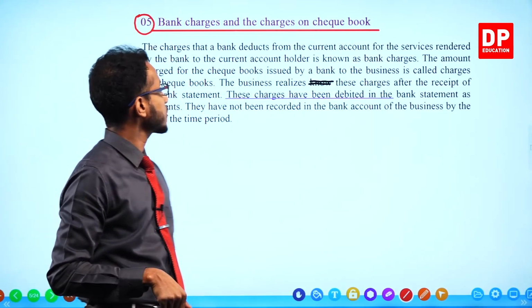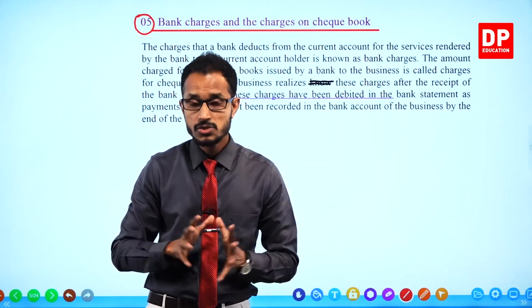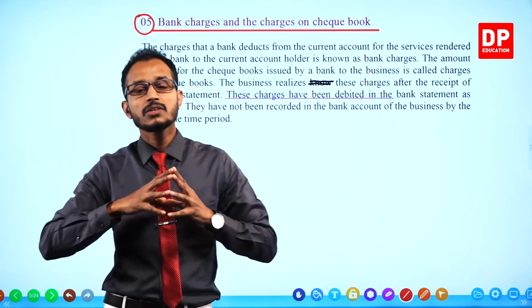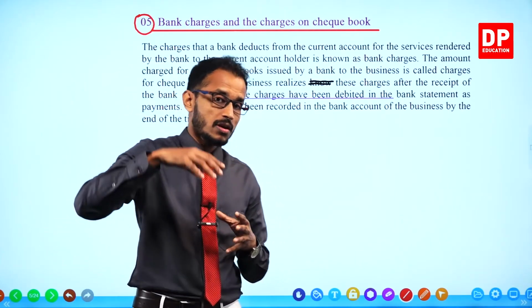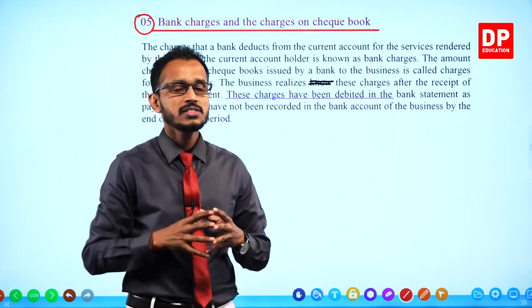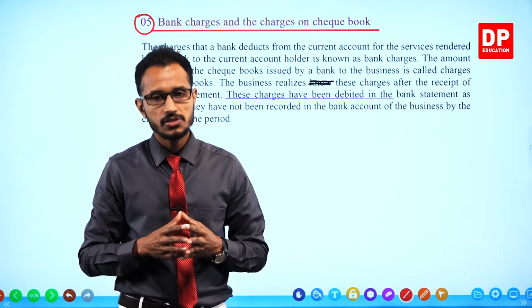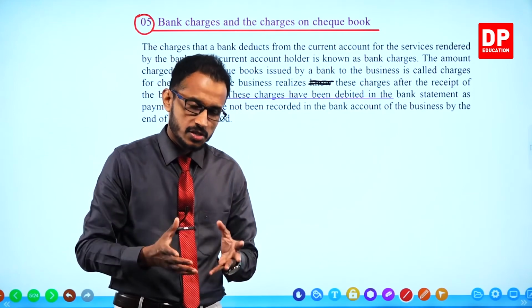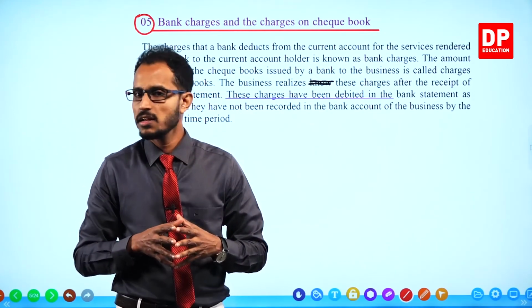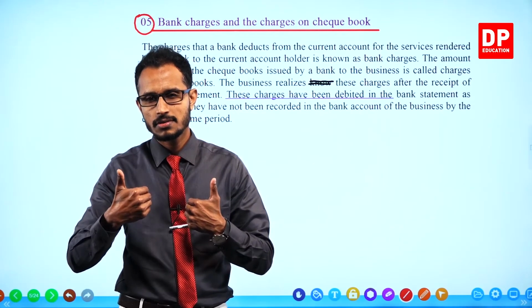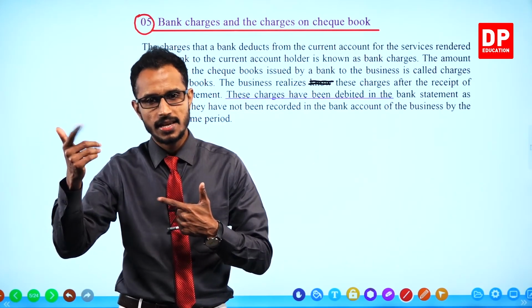All right, children, these reasons or points that we discussed today are the reasons for the differences created between the final balances of the business bank book and the bank statement.